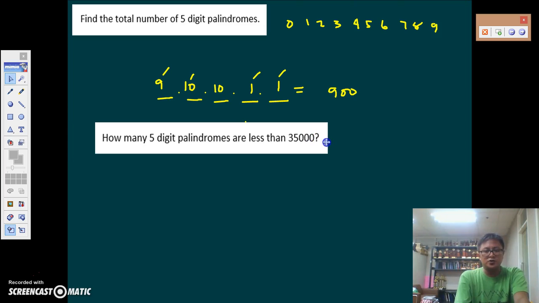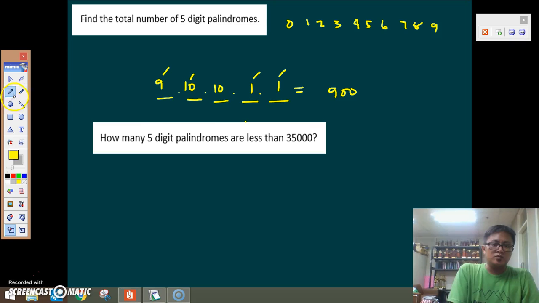How many 5-digit palindromes are less than 35,000? So we have less than 35,000. That number should be beginning with 3, 2, or 1.